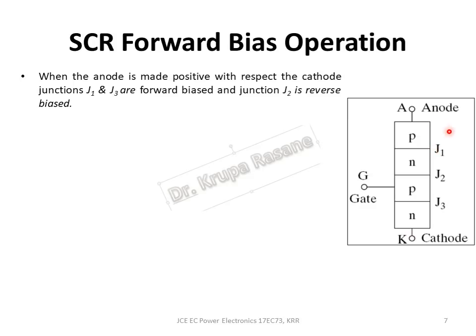That time the positive voltage connected to P will forward bias junction J1, and also J3, since the N terminal is connected to the negative of the battery. But J2 is going to be reverse biased because the N terminal is connected to positive and the P terminal is connected to negative. So J2 is reverse biased, whereas J1 and J3 are forward biased.